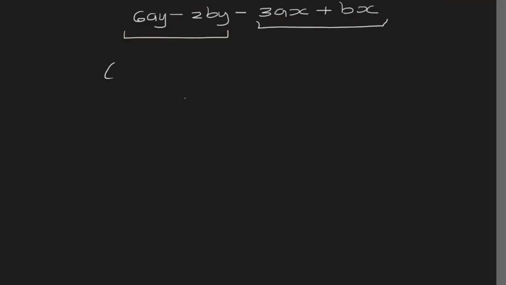So we take the first two terms and then the last two terms. So we have 6ay minus 2by. Then we say minus because we have a minus here. Then we have minus 3ax. Now this sign becomes a minus because of the minus that we have here, so this is going to be negative bx.